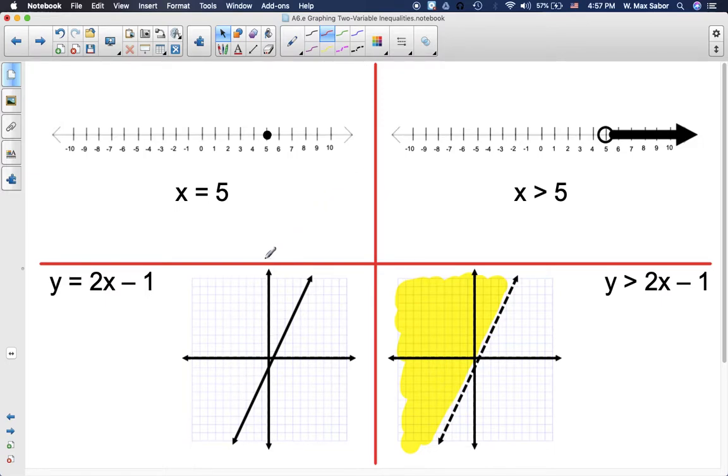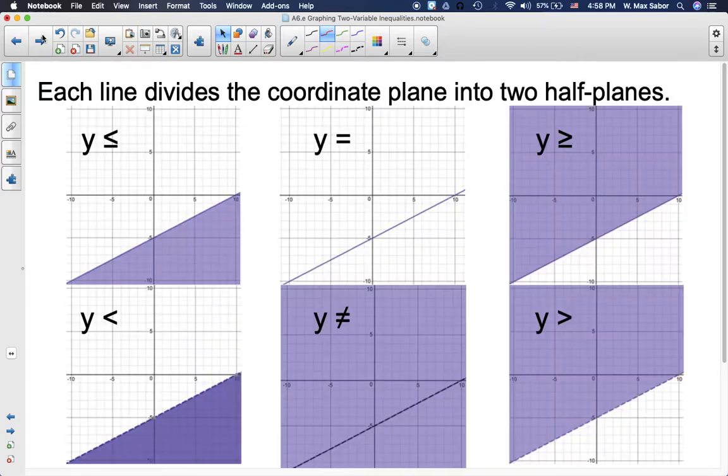It's splitting it into the numbers greater than, the ones equal to, and the ones less than. So these are the ones where y is greater than 2x minus 1. These are the numbers where y equals 2x minus 1, and these are the numbers where y is less than 2x minus 1. So what we'll do is we will be shading parts of the coordinate plane.